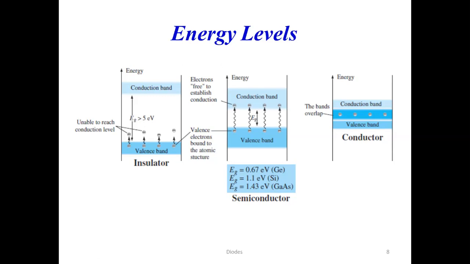If you forward bias, if you give some energy, some biasing to the semiconductor, then the electrons which are present in the valence band will get sufficient energy to move to the conduction band. Once they enter the conduction band, they are available for conduction. If you remove the applied bias, again, those electrons will come back to the valence band.